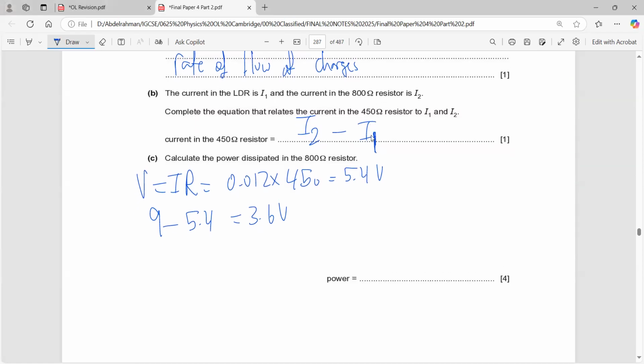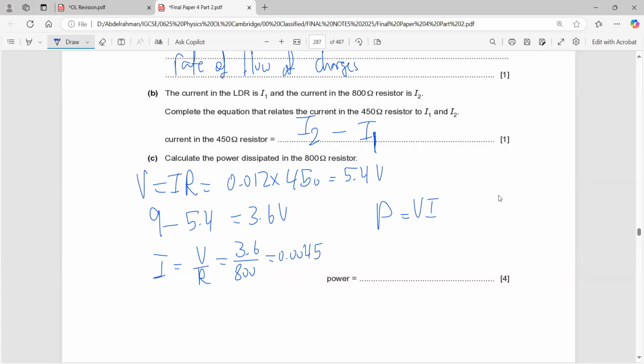Can I find it? Yes, I equals V over R, which is 3.6 over the resistance of 800 ohms. 3.6 over 800 is 0.0045. Okay, so this is the current in the 800 ohm resistor.